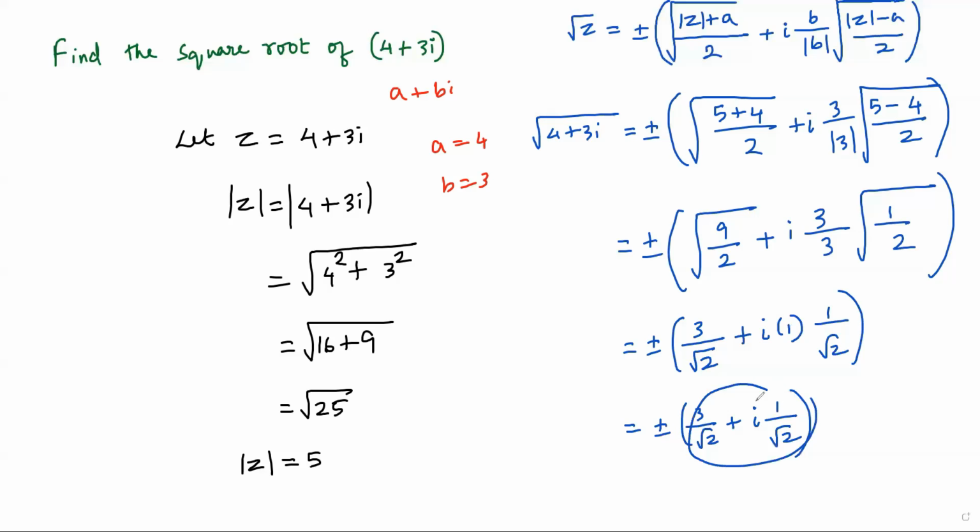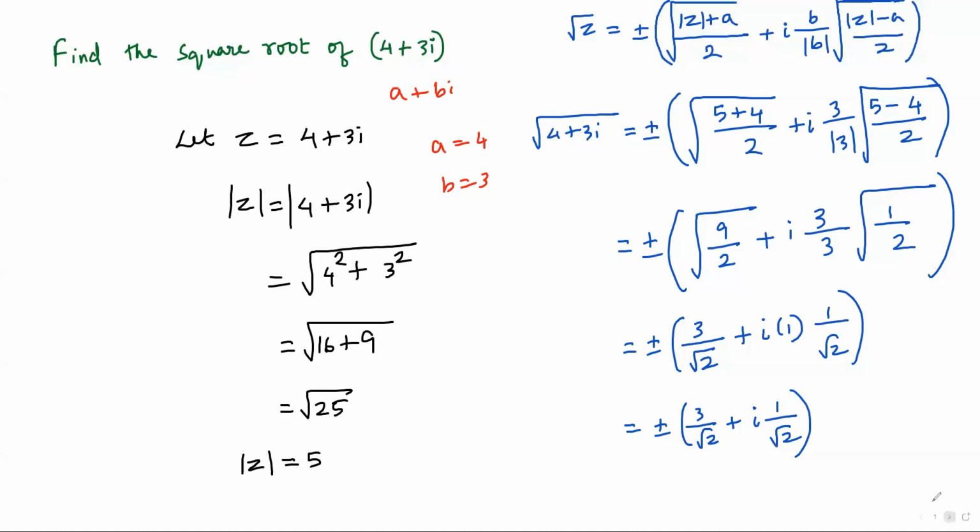Now we write this result once for the positive sign and once for the negative sign, because in front we have positive or negative. So let's do that on the next page. 3 over square root of 2 + i times 1 over square root of 2, or the second time I write with a negative sign, negative of (3 over square root of 2 + i times 1 over square root of 2).